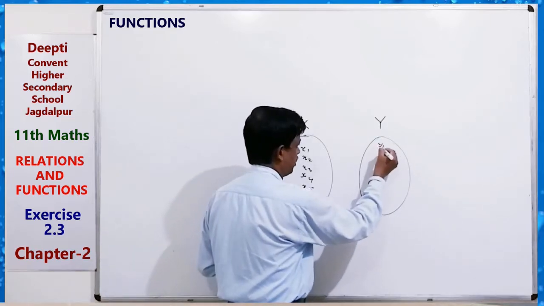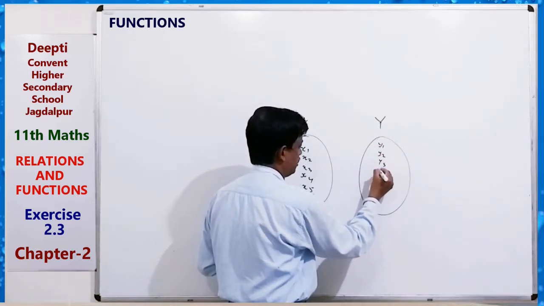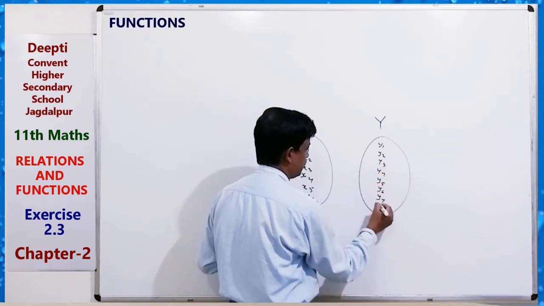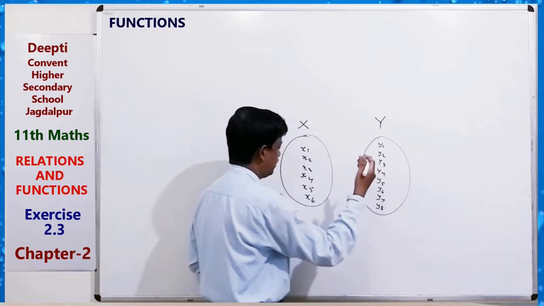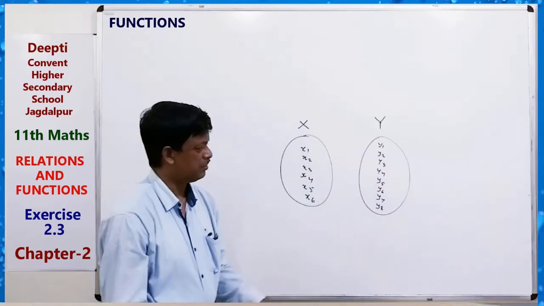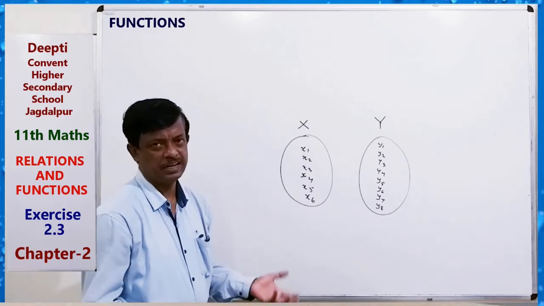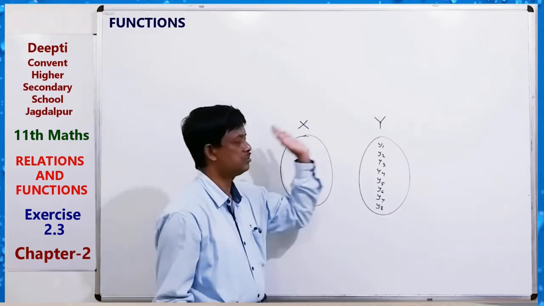Also here y1, y2, y3, y4, y5, y6, y7, y8, maybe 9, 10 elements. And we are having a relation from set X to set Y.